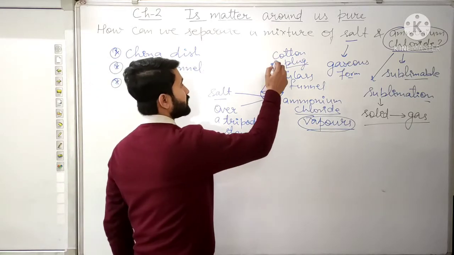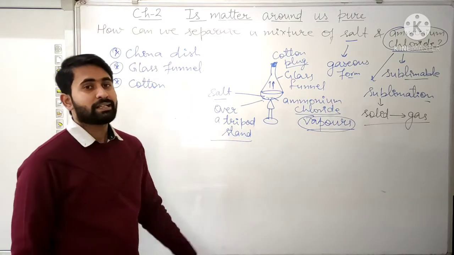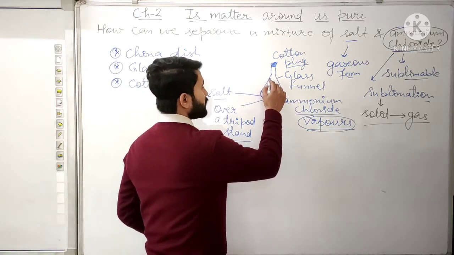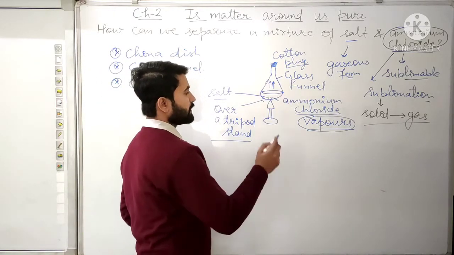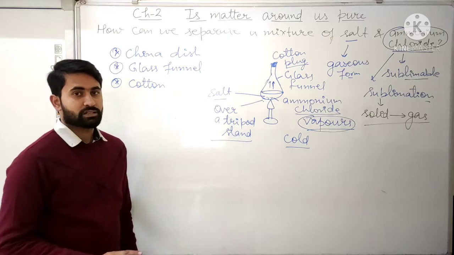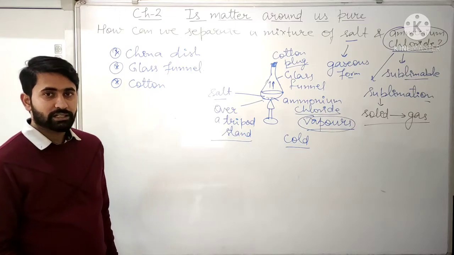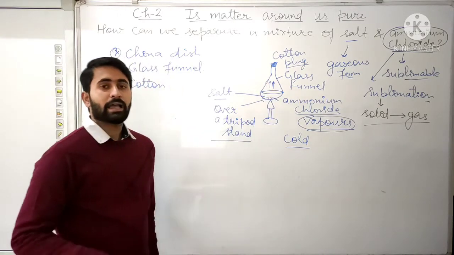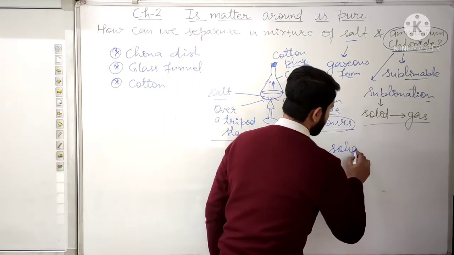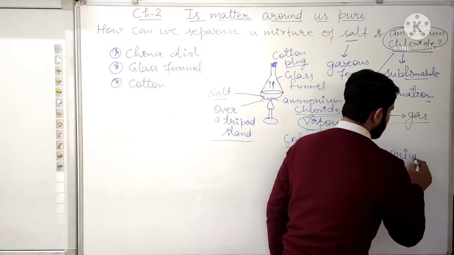Since the cotton plug is closed, the vapors of ammonium chloride cannot escape into the atmosphere. When they come in contact with the walls of this glass funnel, as the walls are cold compared to the china dish, the ammonium chloride vapors will give their heat to the glass walls and convert back into solid ammonium chloride.